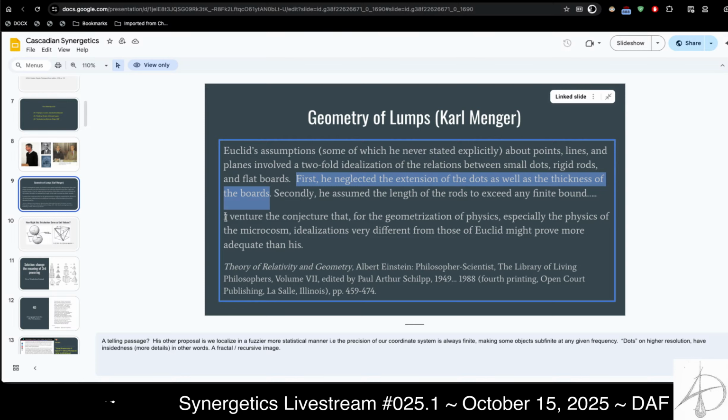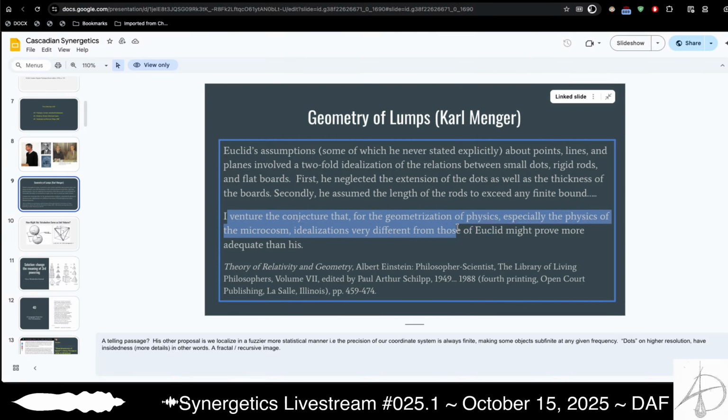So, I venture the conjecture that for the geometrization of physics, especially the physics of the microcosm, idealizations very different than those of Euclid might prove more adequate than his. In this kind of point-line-plane abstraction setting, first there's a point, whether you think of it as zero or one-dimensional, but it's there, but it's nothing.